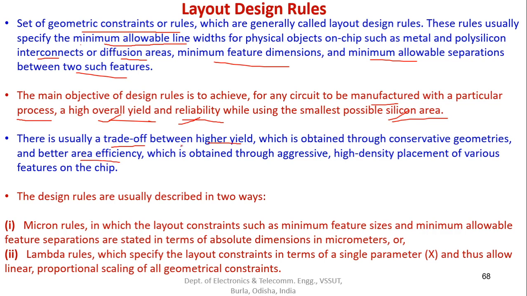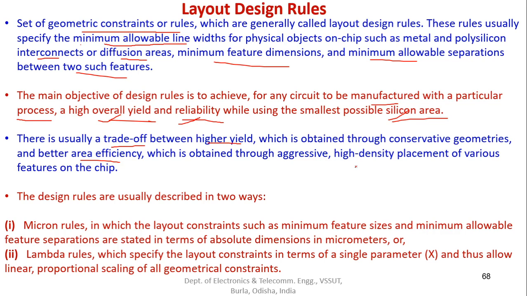If the yield is high, if the number of working components coming out is high, then there may not be efficient use of the area available on the chip, and vice versa. Better area efficiency is obtained through aggressive, high density placement of various features on the chip. So you should be clear about what you want.